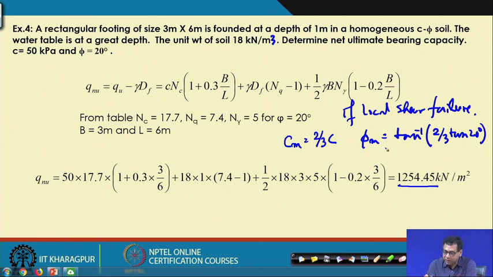So, you calculate that new phi and get the NC, N gamma corresponding to that phi, and instead of C, here we are getting 50. So, it will be 2/3 of 50 and the corresponding NC, N gamma and NQ values, and then we will get the bearing capacity. So, I am finishing today's lecture.